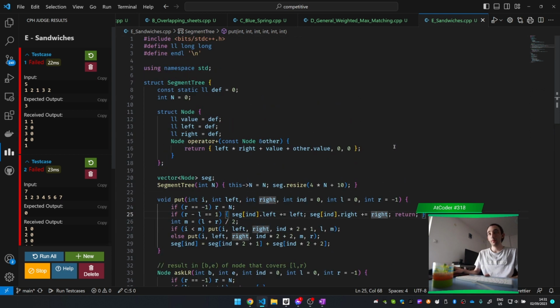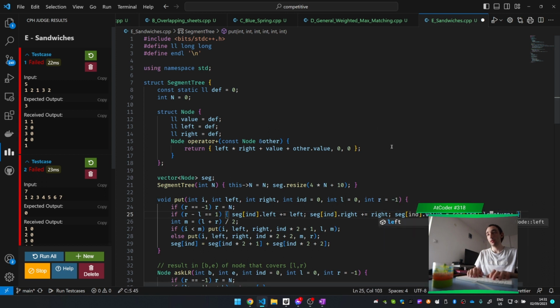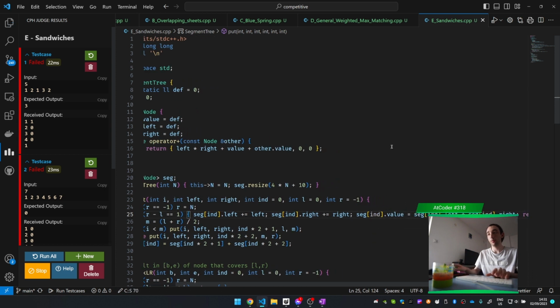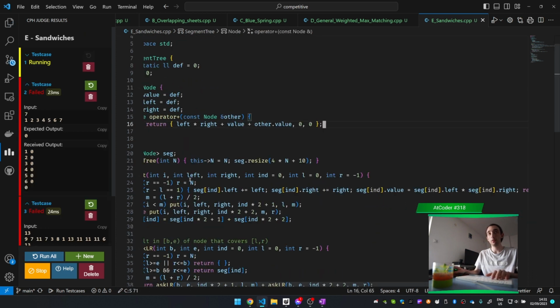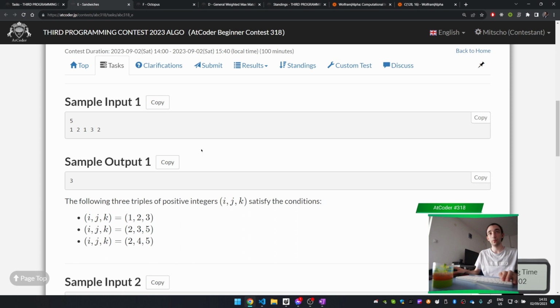And then the value is, of course, the value has to be updated. Sec index dot value is sec index dot left times sec index dot right. This should be updated as well. We have 2 for some reason. Why do we have 2 here?